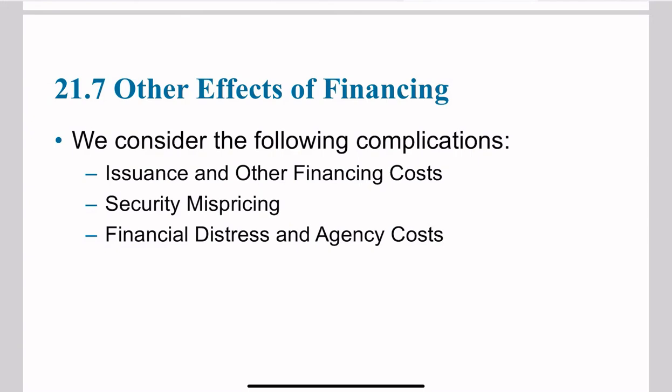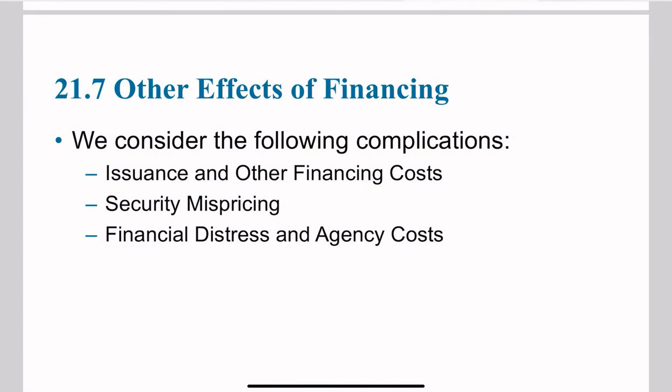And then in the last lecture, we relaxed the first assumption. We discussed in more detail this APV method. That is, we relaxed the assumption that the firm always maintains a constant debt value ratio.